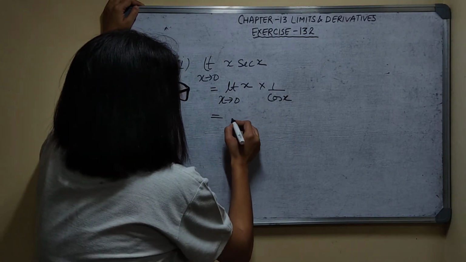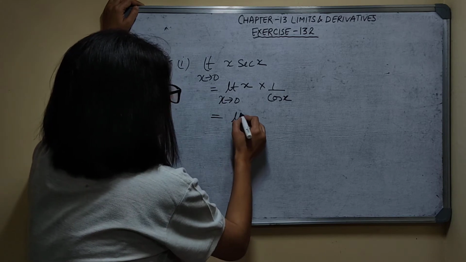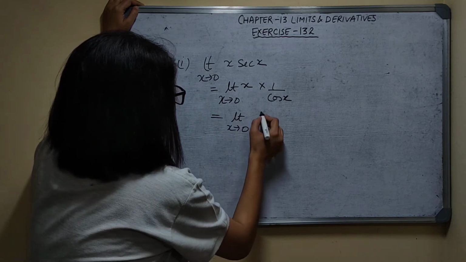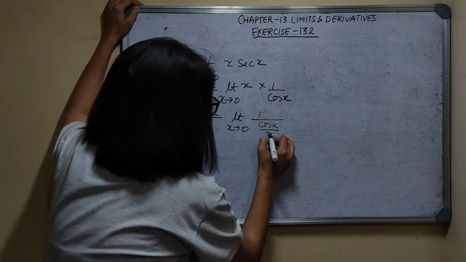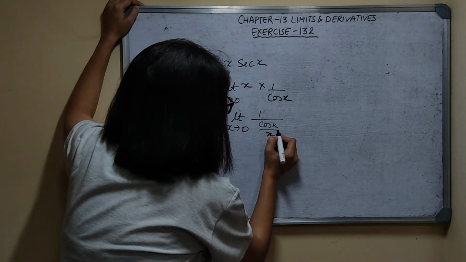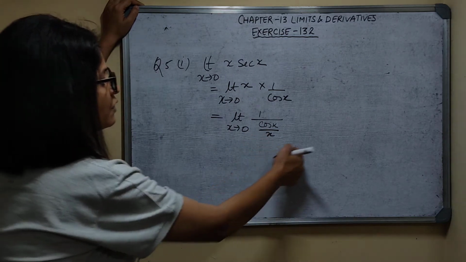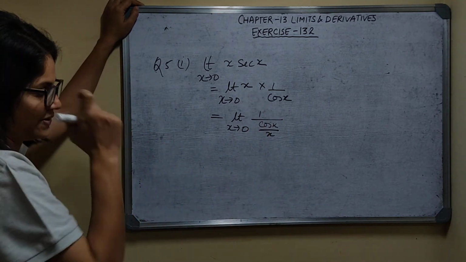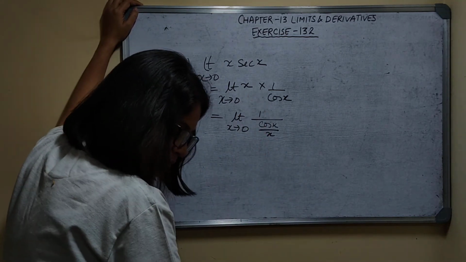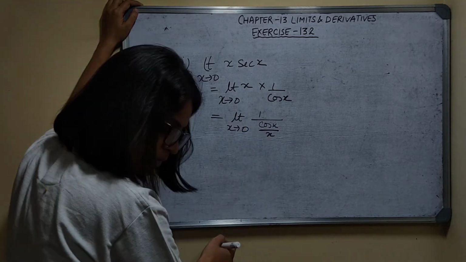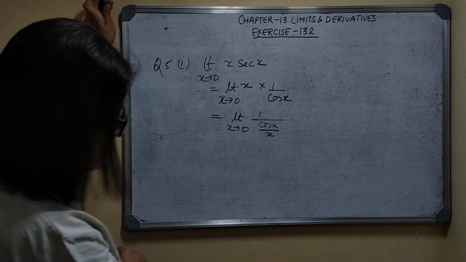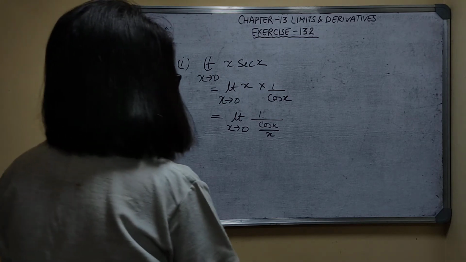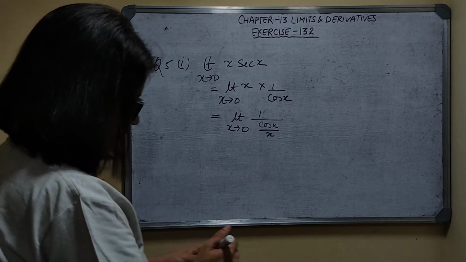So now limit x tends to 0, this 1 upon cos x... Okay, sorry.